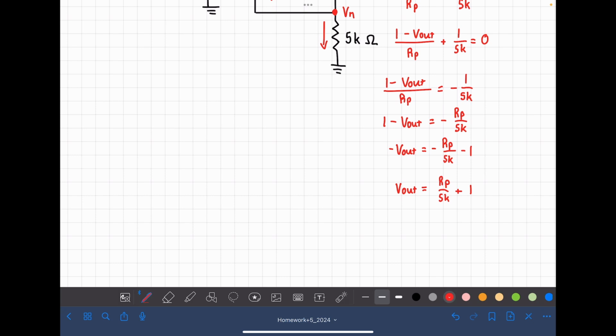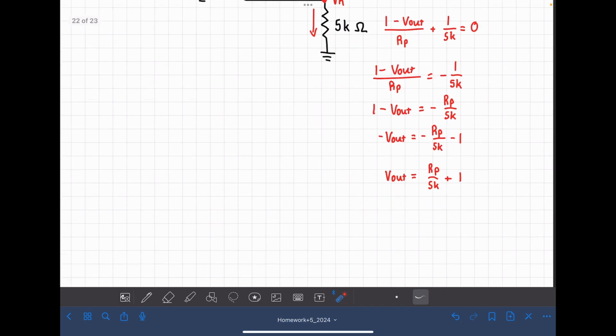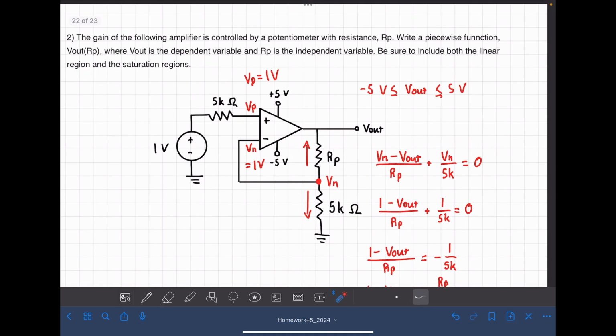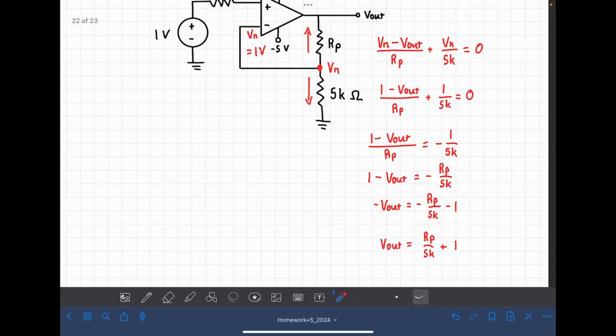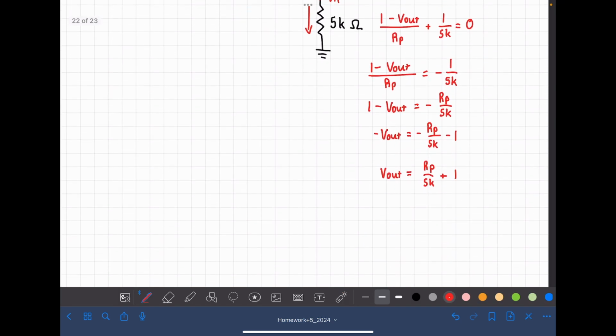We know the lowest Rp can go is 0. So let's see if that's a limit right here. If we have 0 over 5k plus 1, that's just 1. And 1 is within our bounds. So we know that's good right there. So we don't have a minimum resistance. 0 is a valid resistance. So now let's see if there's a maximum. So we know our max V out is 5 volts.